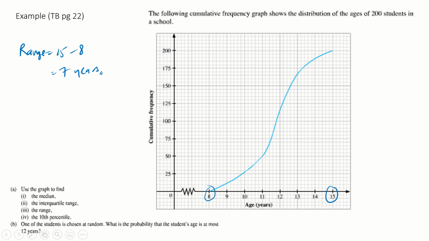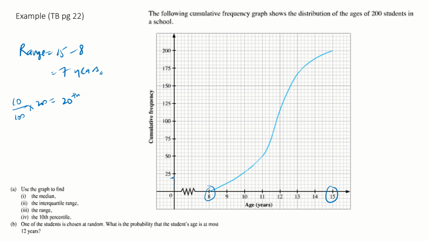10th percentile. To find the 10th percentile, we need to find the 10th percentile of the students. So 10 out of 100 times 200. That will give us the 20th student. So use the graph, find the 20th student, which is 5, 10, 15, 20.